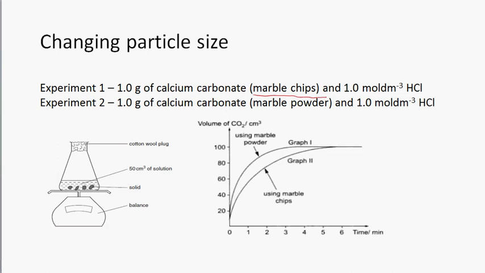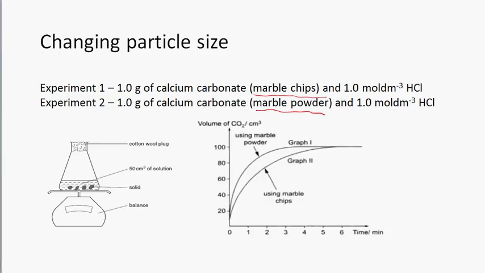And in experiment 2, we have 1 mole per dm cube of the hydrochloric acid and 1 gram of marble powder. So we know that in experiment 2, we have an increased surface area, and we expect in experiment 2 for the reaction rate to be greater. And this is shown graphically here.